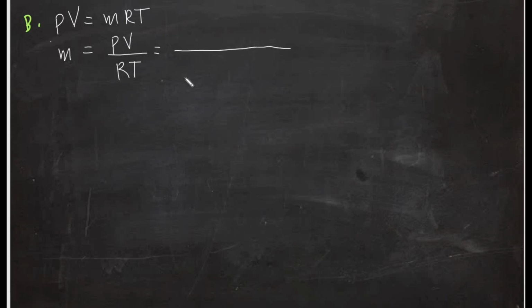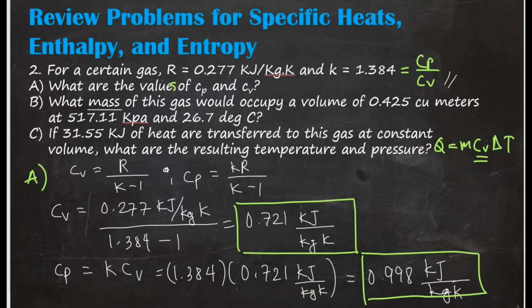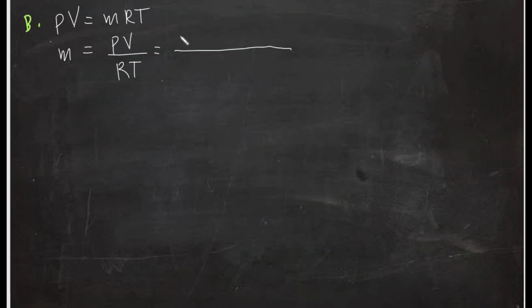Pressure is equal to 517.11 kilopascals. Kilopascals is kilonewton per square meter, so let's put times 10 to the positive 3 to make it newtons.